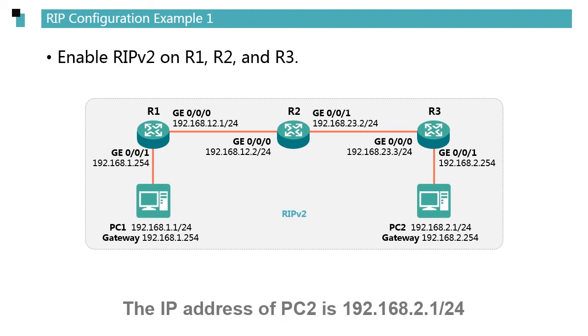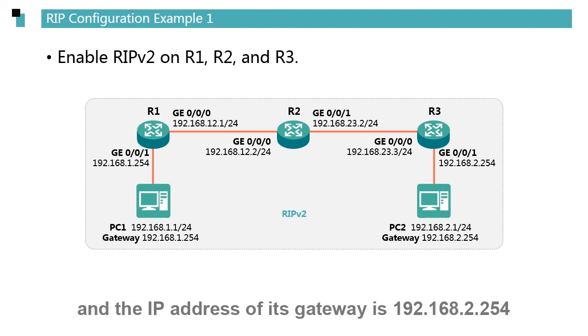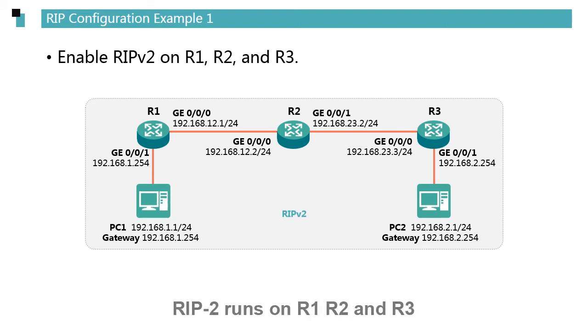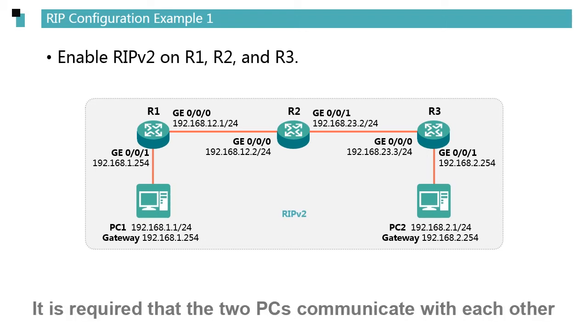The IP address of PC2 is 192.168.2.1/24, and the IP address of its gateway is 192.168.2.254. RIPv2 runs on R1, R2, and R3. It is required that the two PCs communicate with each other.